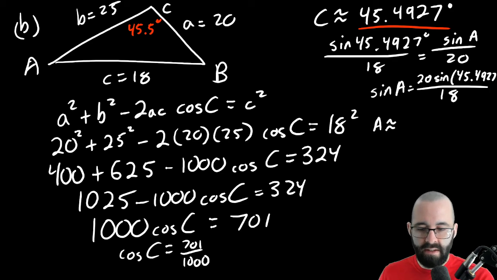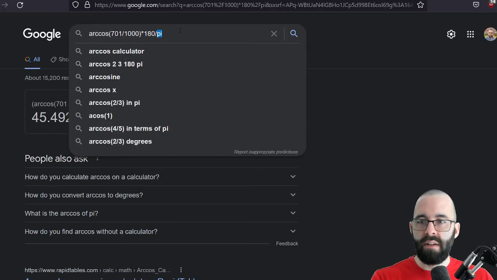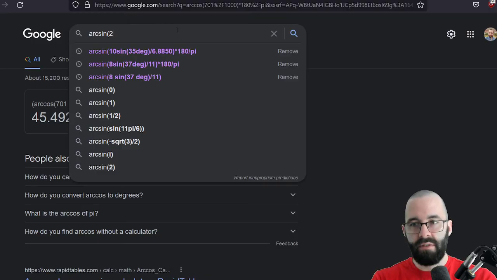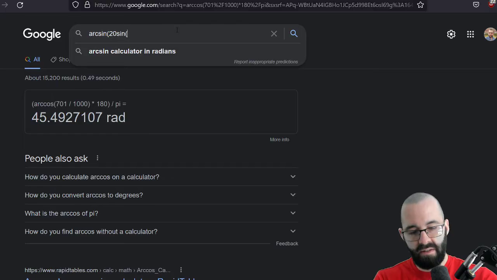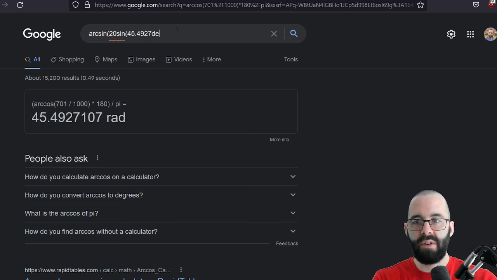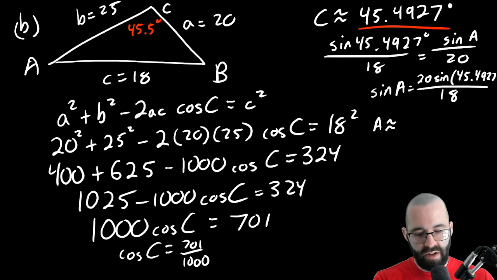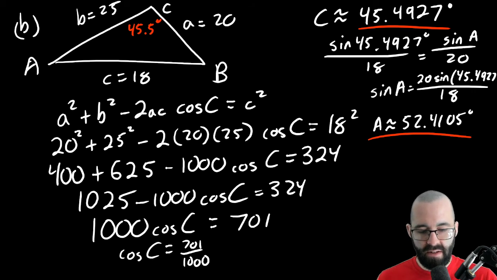Take the arc sine, and convert that to degrees: 52.4105. All right, good. We got a second angle, about 52.4 degrees.